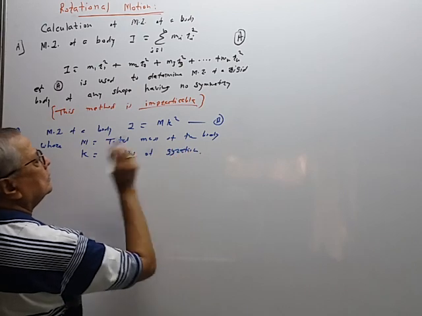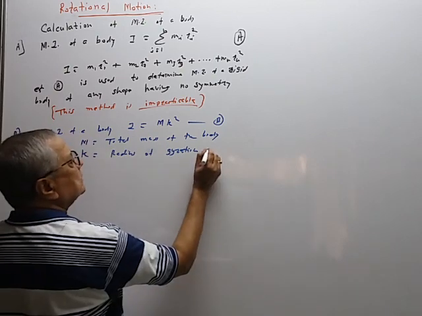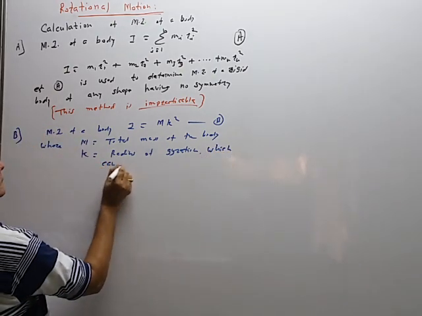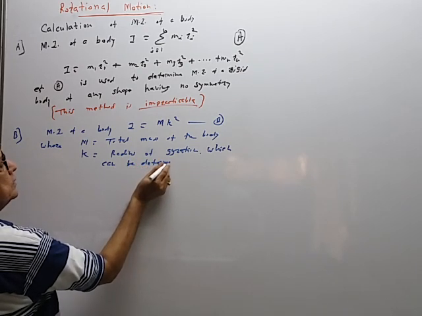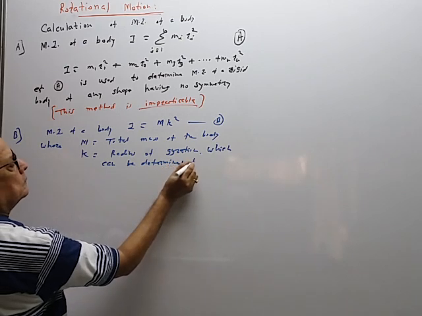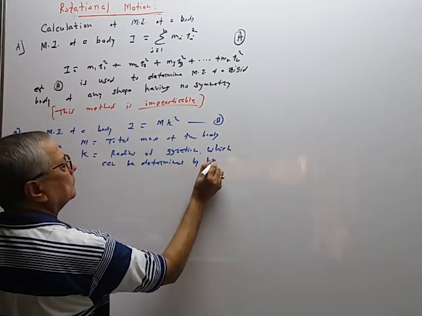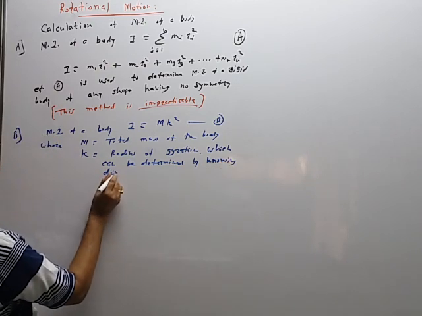Radius of gyration, which can be determined by knowing the dimensions of the body.